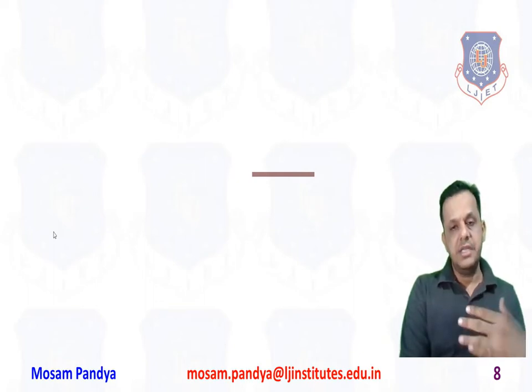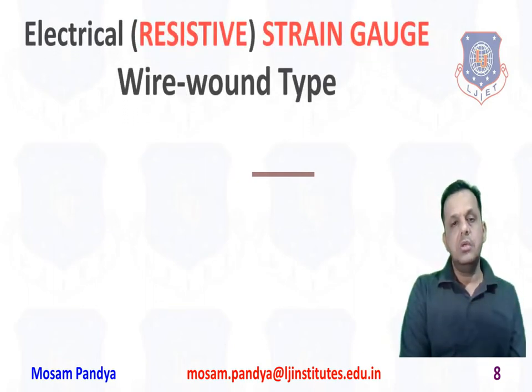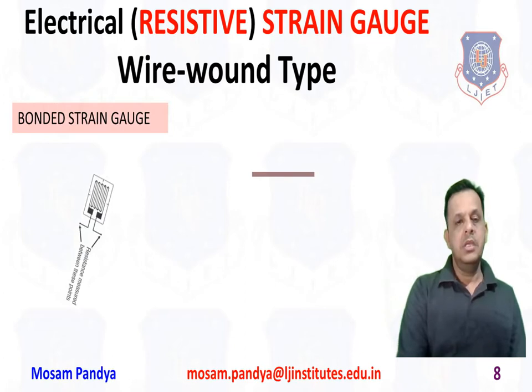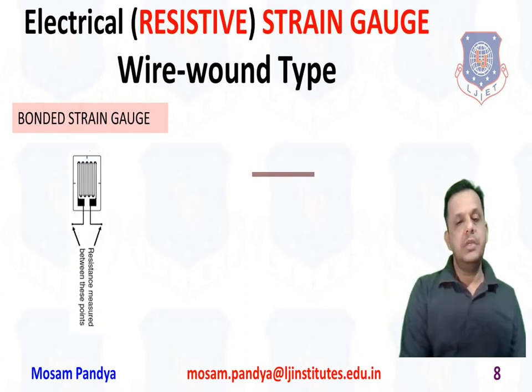So let us see how, layer by layer, the strain gauge is formed. We are talking about the wire wound bonded type of strain gauge. So once again, the resistance is to be measured across the two outcoming ends.